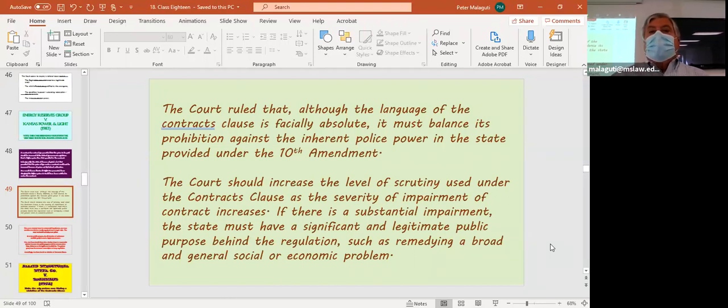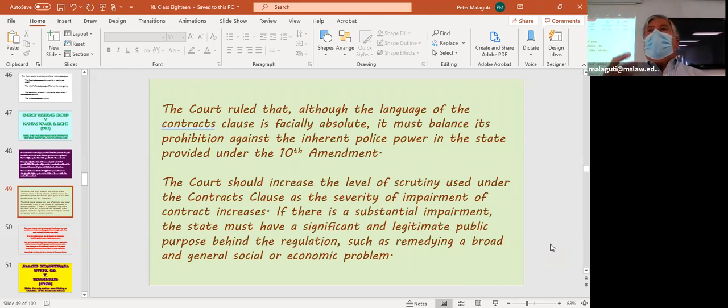The court here concedes that the contracts clause is facially absolute, just as the First Amendment right of free speech is facially absolute, and the right to free exercise of religion is facially absolute. I hope you're going to realize this fast. There is no such thing as an absolute constitutional right, okay? And I hope you're starting to see that there's always some kind of balancing test.